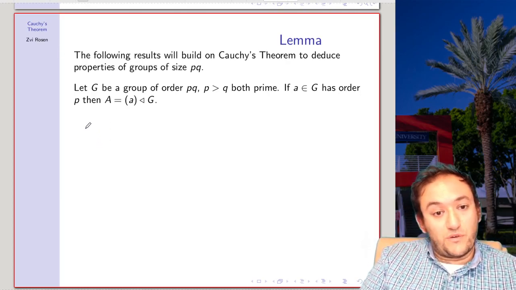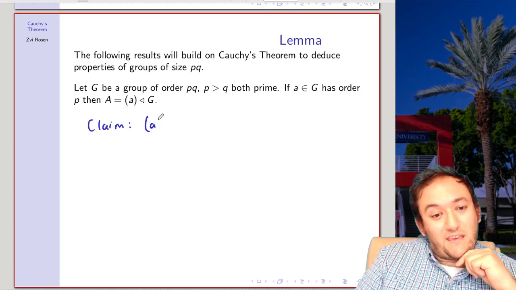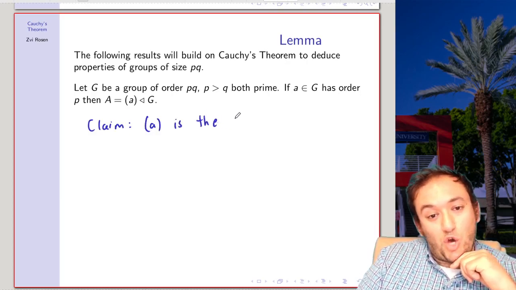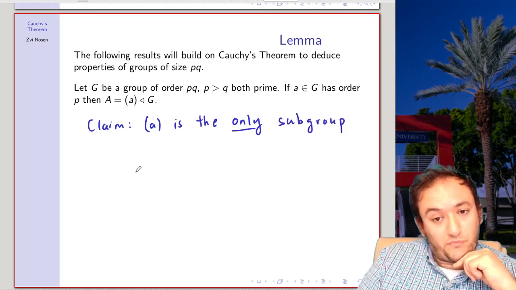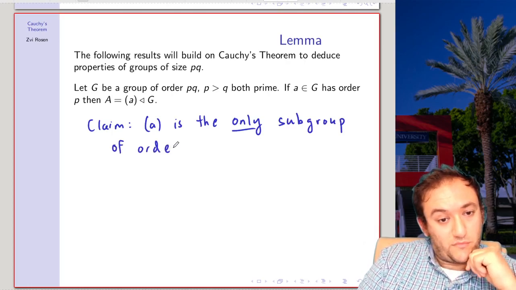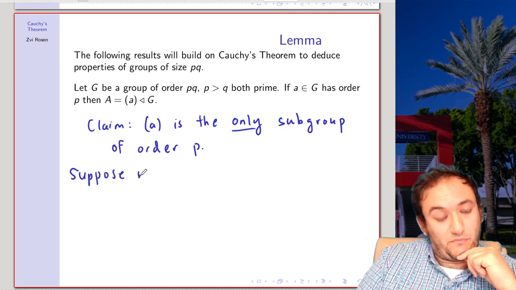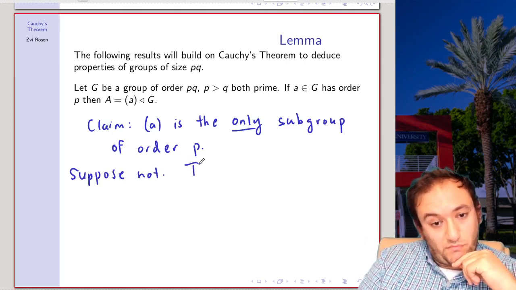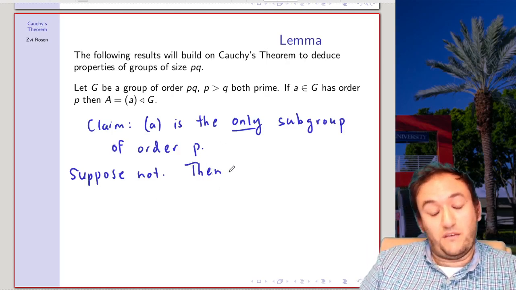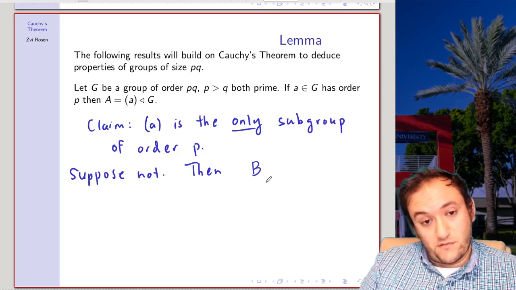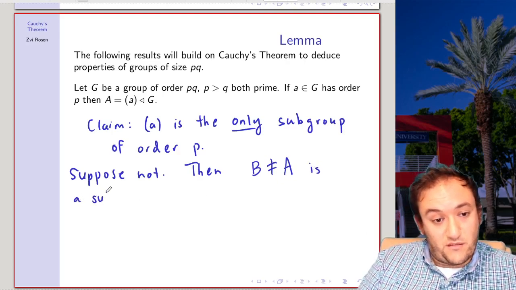Well, we're going to claim that the subgroup generated by a is the only subgroup of order p. Suppose not. Then we would have another subgroup B of order p. B not equal to A is a subgroup of order p.